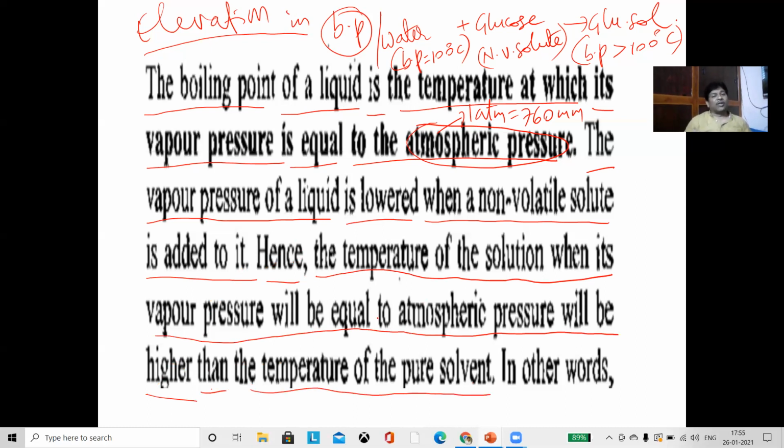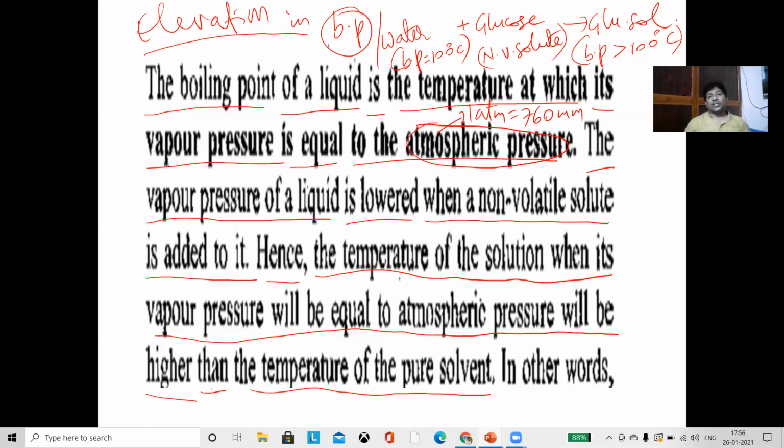Now what you have to understand is that pure solvent water has a boiling point of 100 degrees Celsius. When we add glucose to it, what happens? The vapor pressure of water will be decreased. Whenever the vapor pressure of water decreases, the difference between 760 mm and the vapor pressure of water will be more. The difference between atmospheric pressure and the decreased vapor pressure of water is a bigger gap.